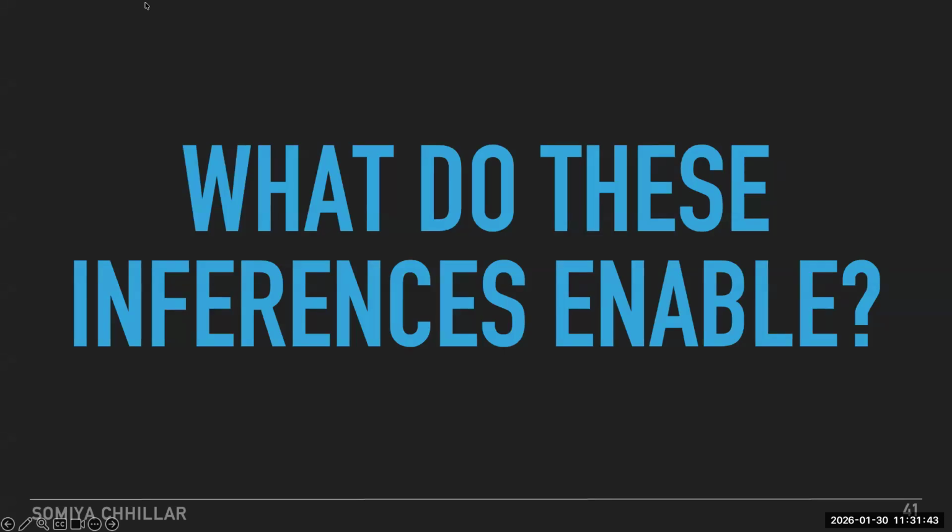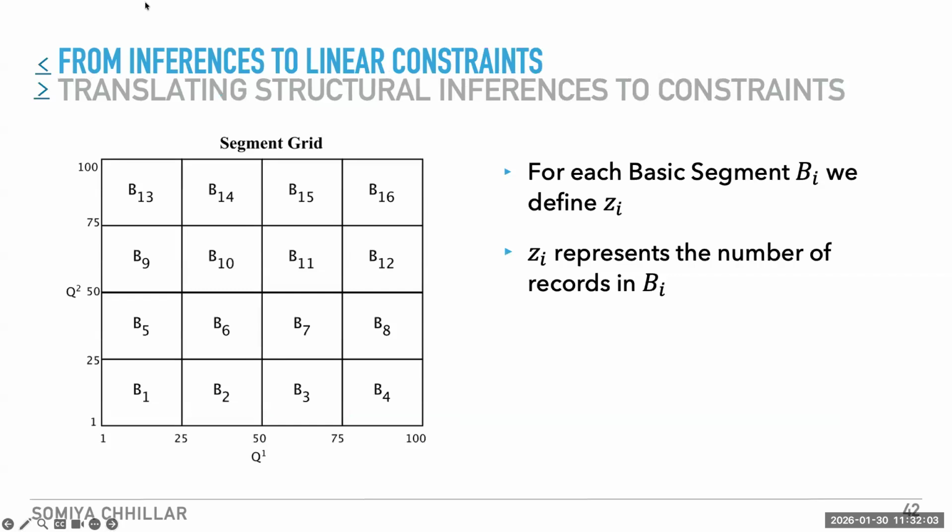So far, we've seen the greedy nature of ARCS, we've seen the inferences, we've seen overlaps, non-anonymous, but what does this even mean? How is this even useful? So what it does is that we systematically combine all these inferences to carry out the CRA.